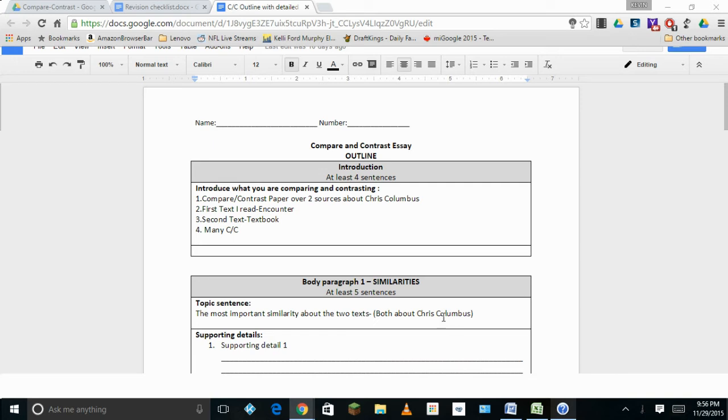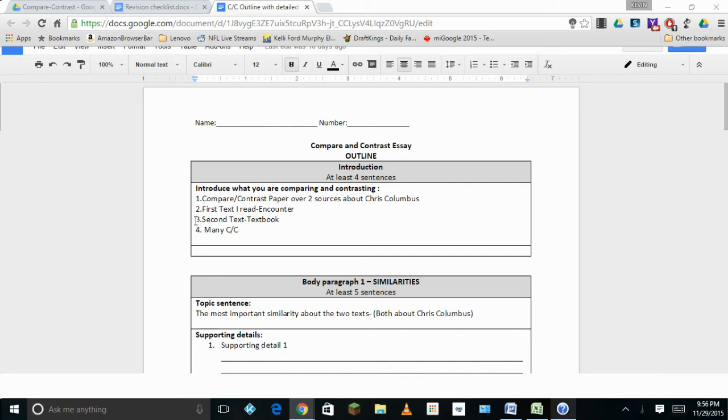So the way that this is broken down is we have an introductory paragraph that should be at least 4 sentences. So what I've done here is I've broken down what each sentence should be. The first one is an introduction that we are writing a compare and contrast paper over 2 sources about Christopher Columbus. The second sentence should be the introduction of the first text that we read, which was the book Encounter.